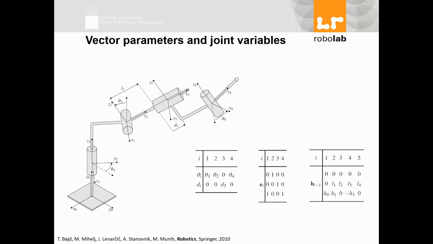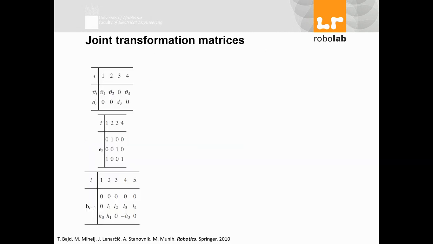The next step is to build a homogeneous matrix based on these three tables. Simply what we do is build homogeneous translational matrices to go from base to the end point, from 0 to 1, 1 to 2, 2 to 3, 3 to 4, and to 5 at the end.